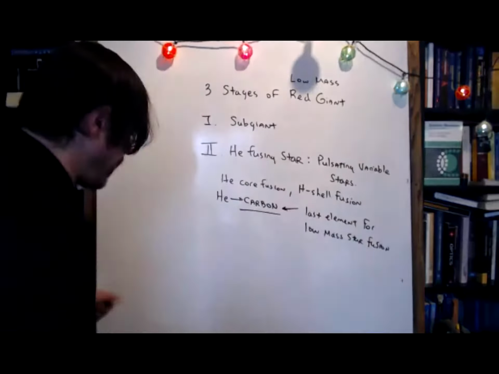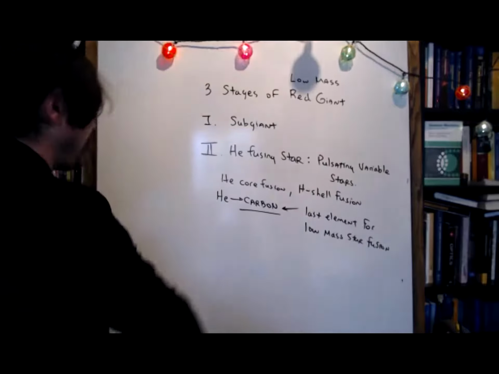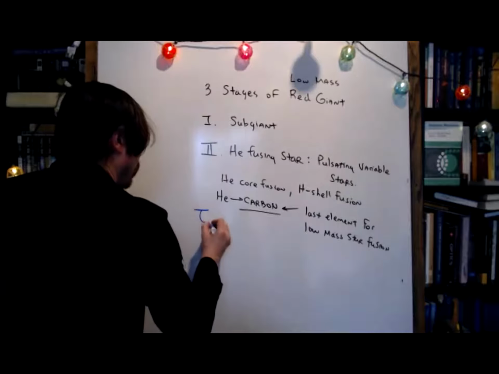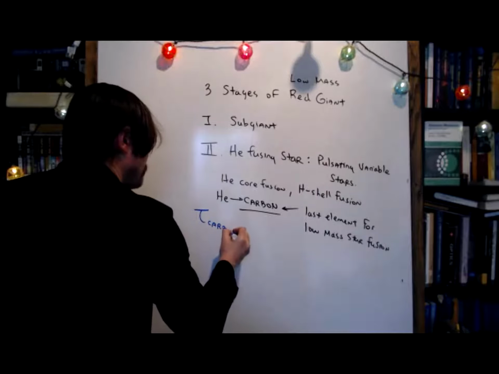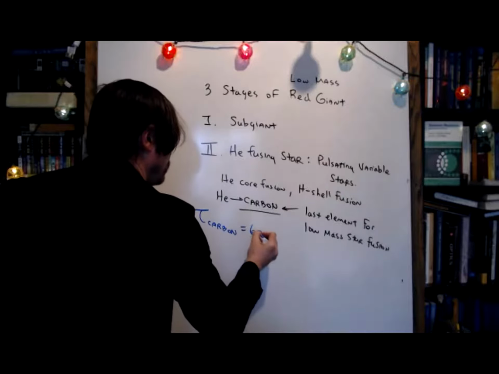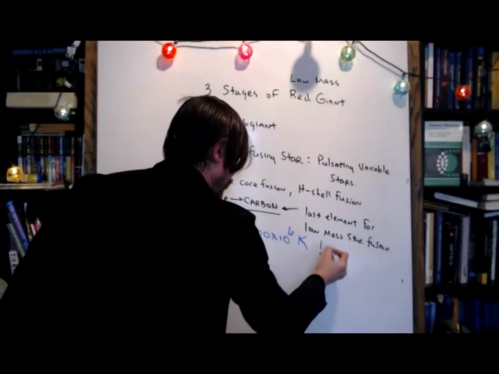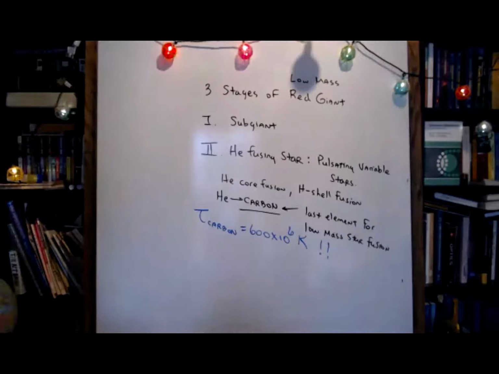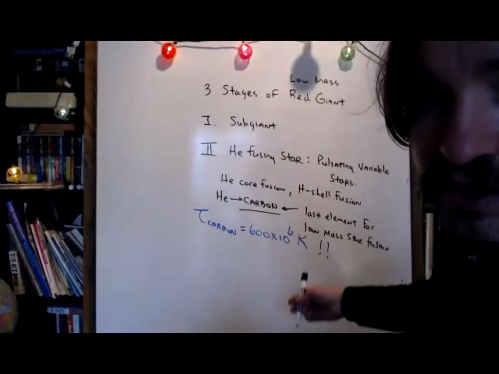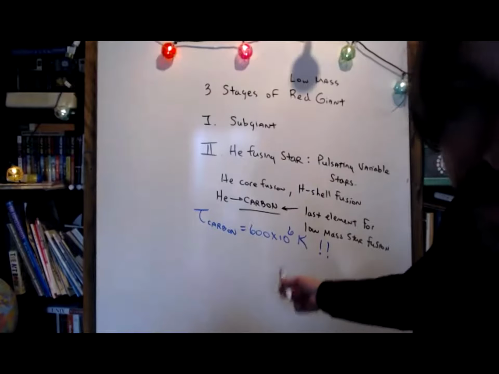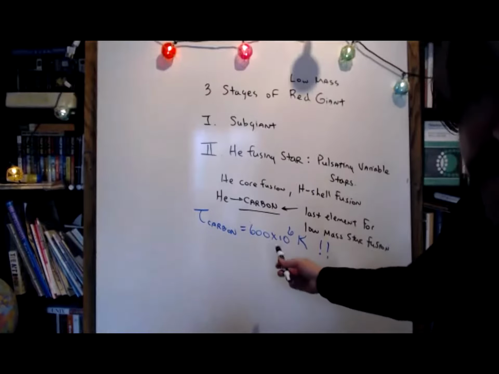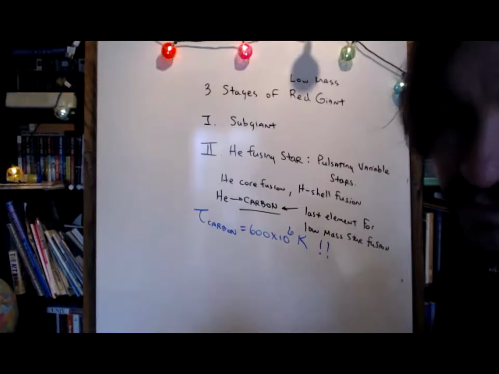If you want to know why, it's because the temperature for carbon fusion is 600 million Kelvin. That is so insanely hot that our sun just does not have enough gravitational matter to squeeze the star above that temperature.